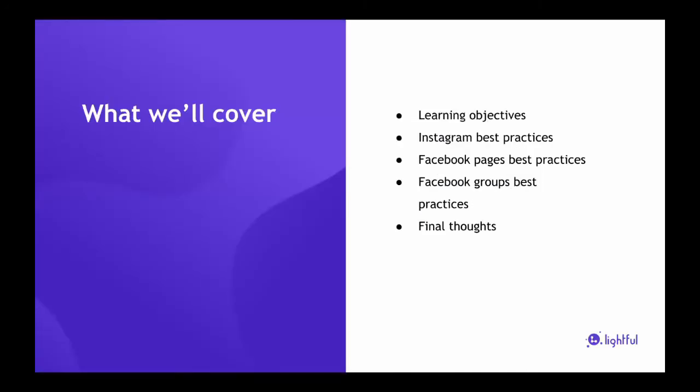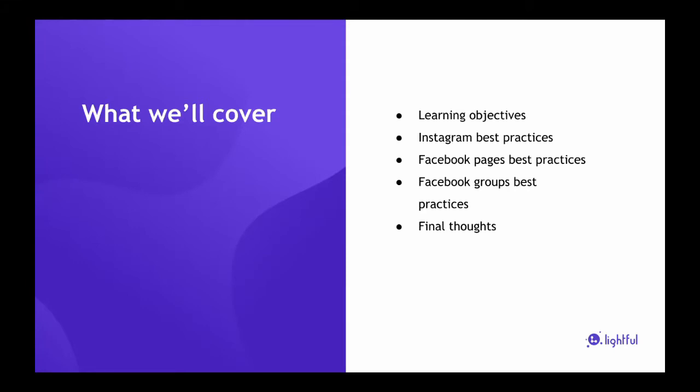To start off with, what we hope to cover, and I've gone through this already, but basically, firstly, I'll take you through some learning objectives so you're clear on what you'll be getting out of the session today. And I'll start with looking at Instagram best practices, some housekeeping stuff.